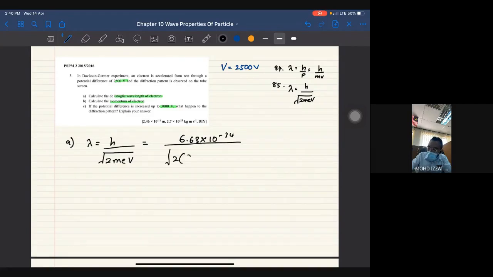Mass of electron is 9.11 times 10 negative 31. We just double check that one. She's correct. Charge is 1.6 times 10 negative 19. And the voltage here is equals to 2500 volts.